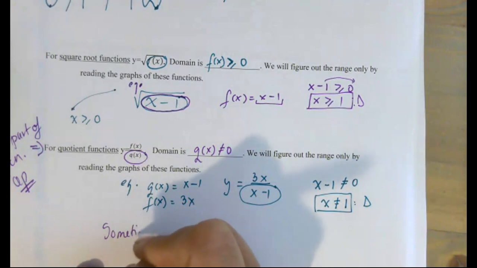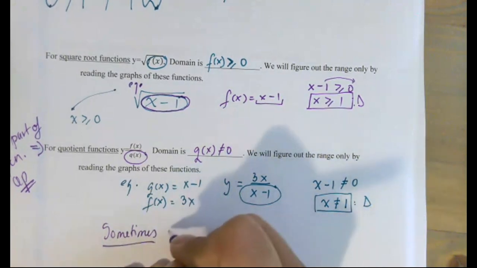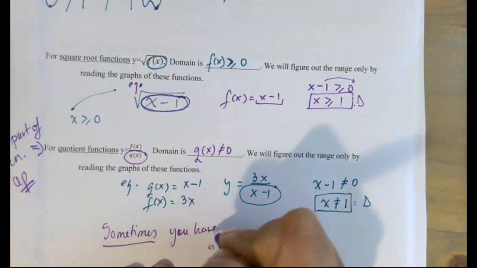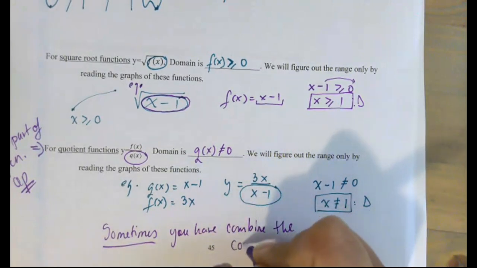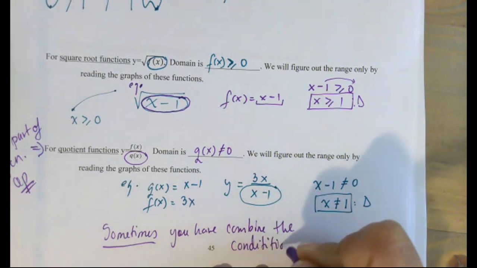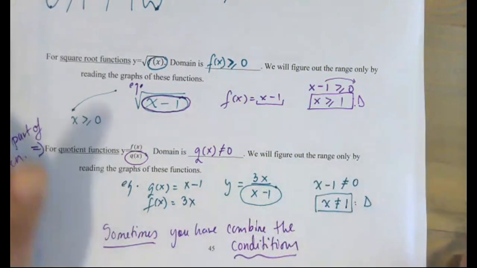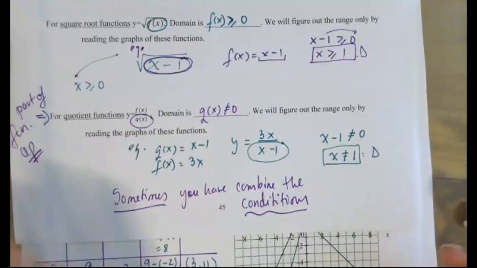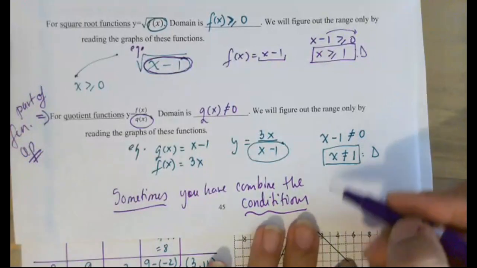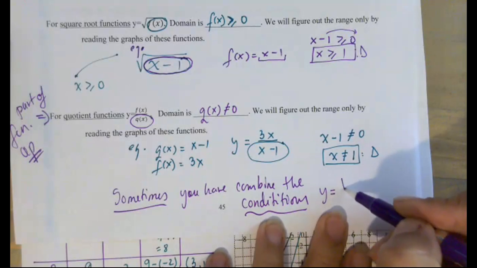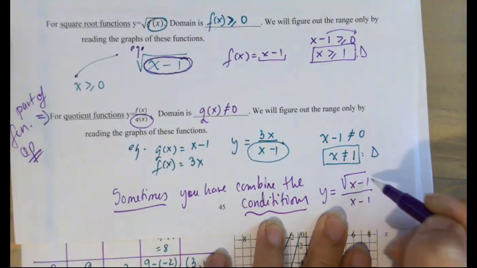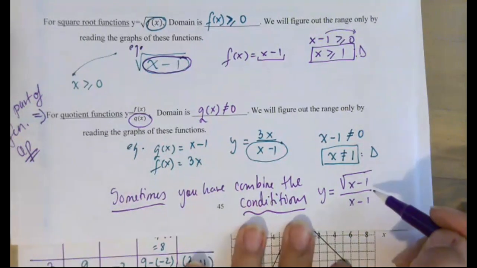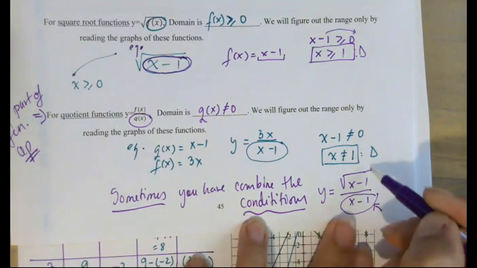Sometimes you have to combine the conditions because you may end up with something like this: y equals square root of x minus 1 over x minus 1. Well, one condition comes from the quotient.